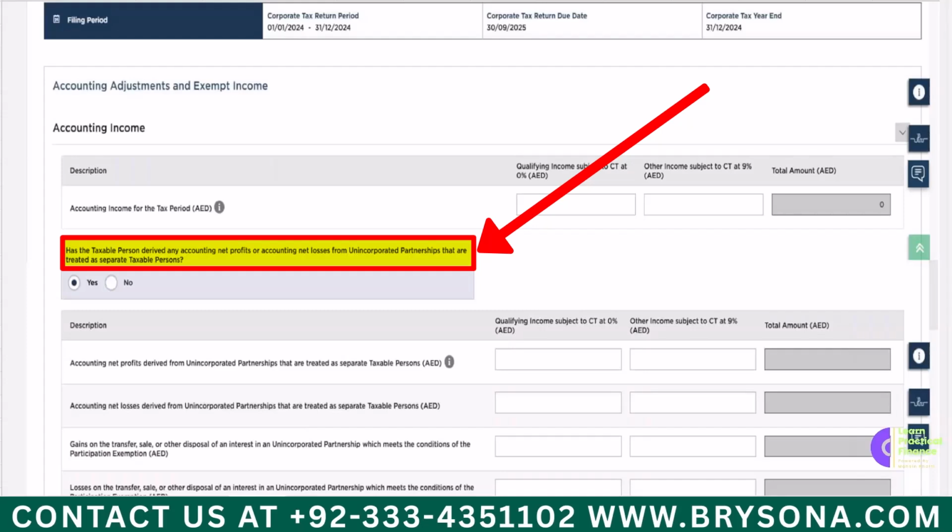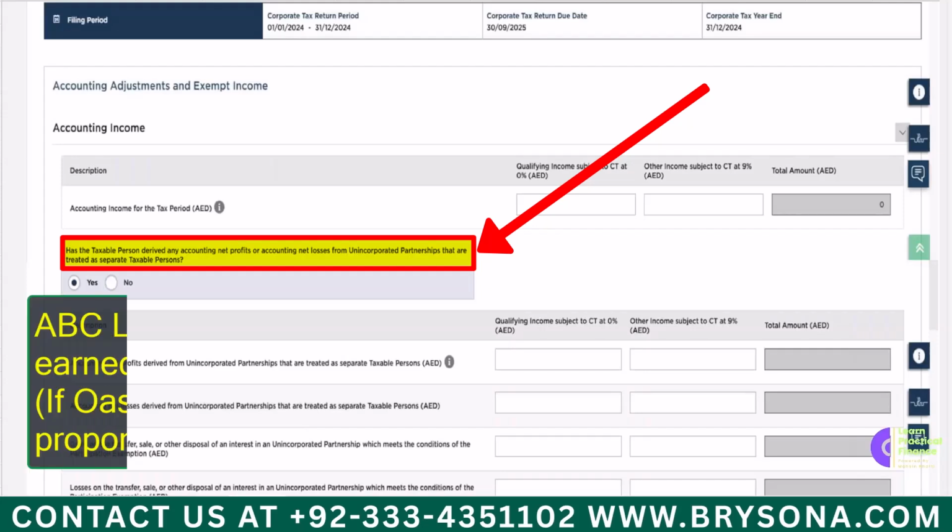For your understanding, you should check if the taxable person earned profit or loss from an unincorporated partnership registered as a separate taxable person by FTA. Partners' share of profit or loss based on ownership must be reported on the tax return.